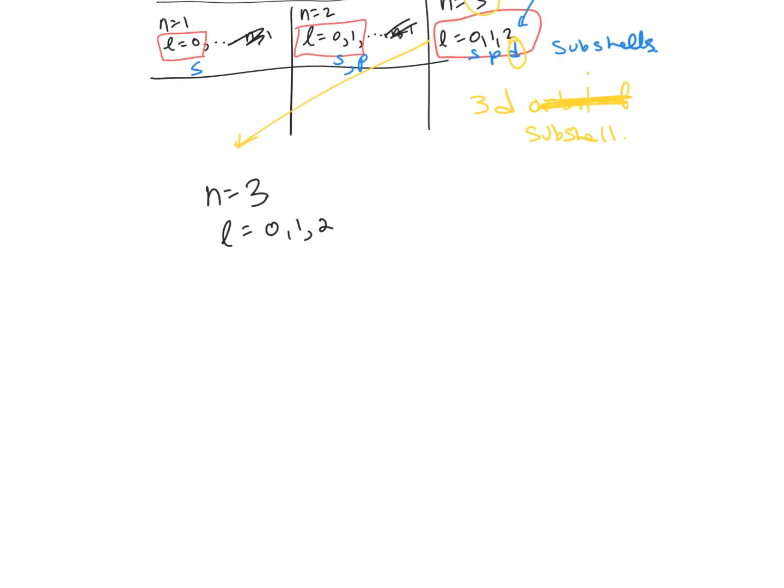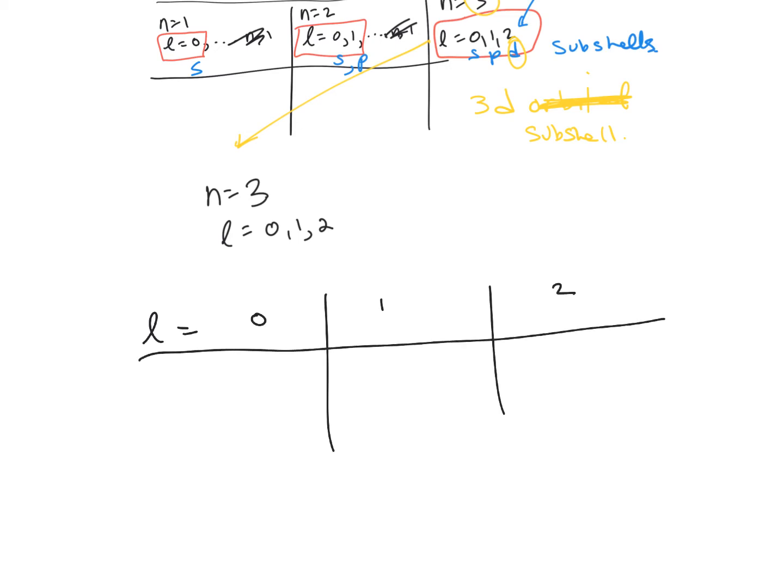You can write them out: L equals 0, 1, and 2. Those are the subshells. Then M sub L tells us the different orbitals that are within each subshell. So let's start with 2 over here.